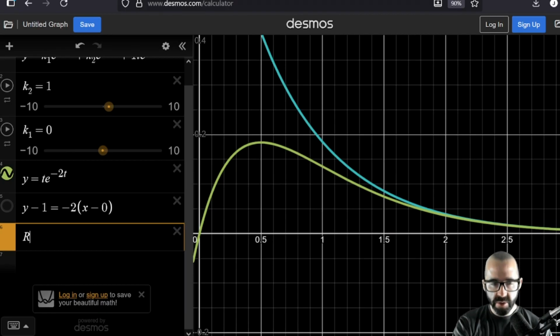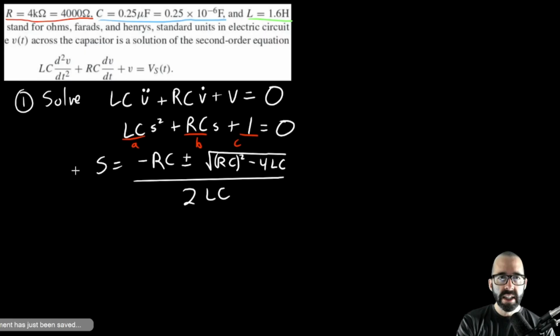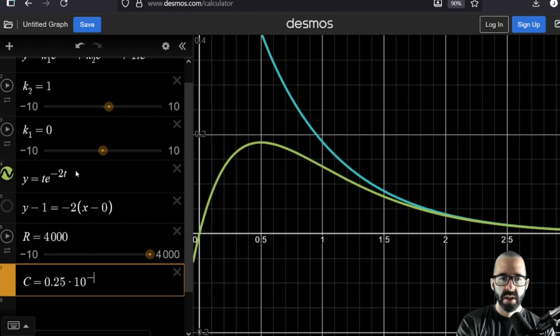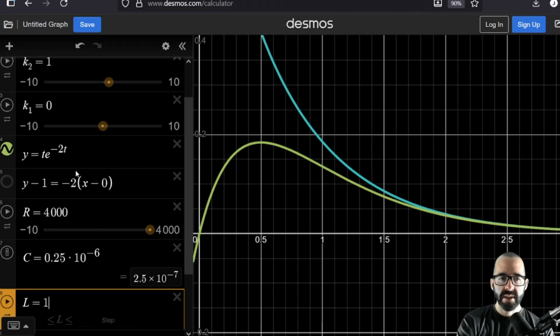So R is going to be 4,000 ohms. C is going to be 0.25 times 10 to the negative 6. And then L is 1.6 henries.